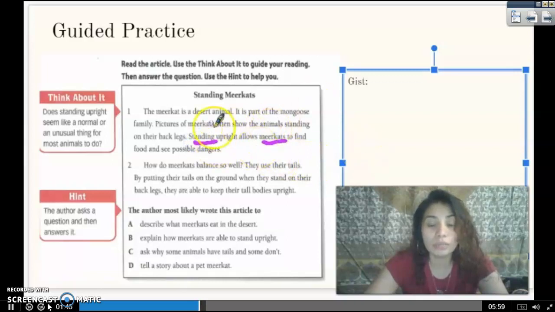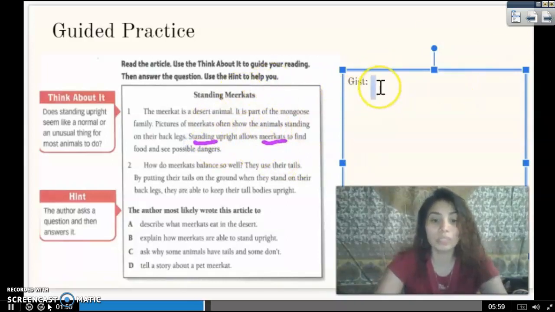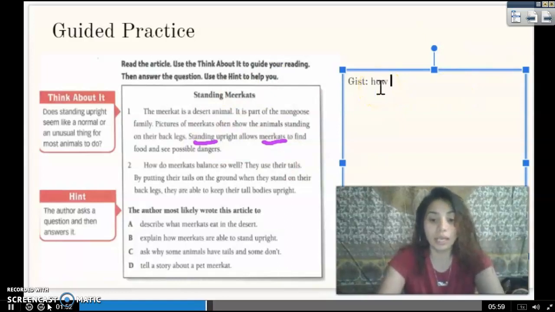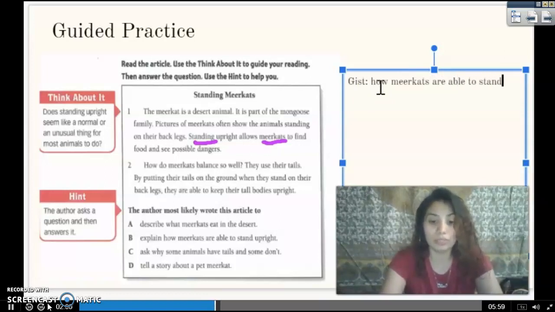So with these keywords and the title, I think the text was mostly about how meerkats are able to stand up.